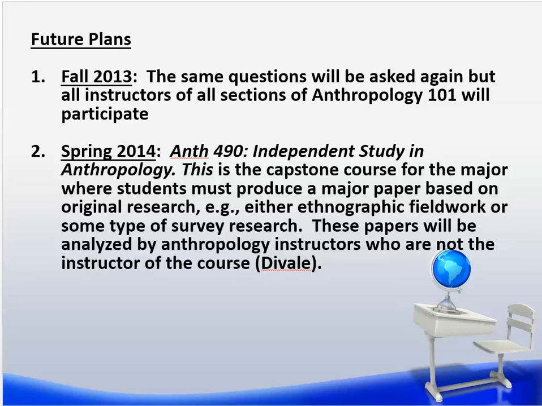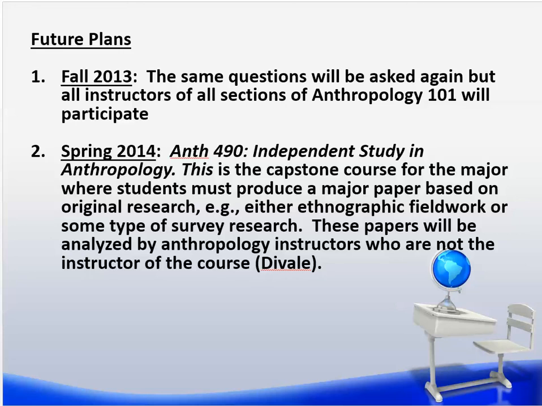And then for the spring of 2014, the Anthropology 490, which is the independent study in anthropology, which is the capstone course for the major, where students must produce a major paper based on original research, either ethnographic fieldwork or some type of survey research. These papers will be analyzed by anthropology instructors who are not the instructor of the course.